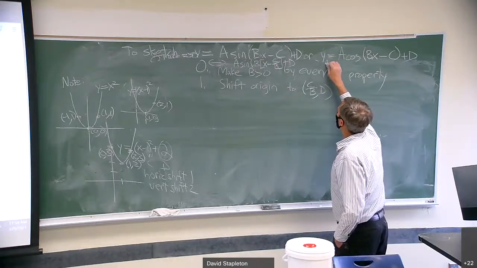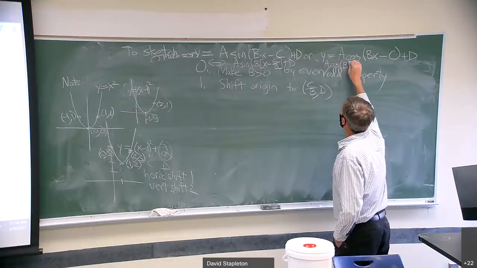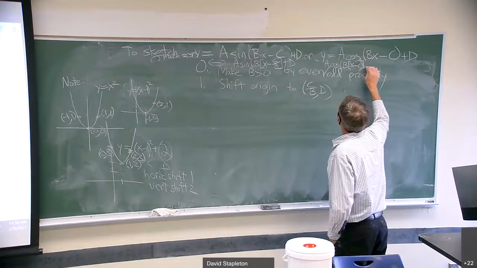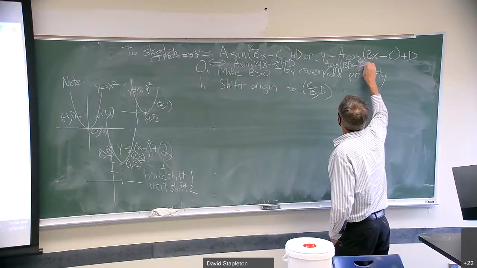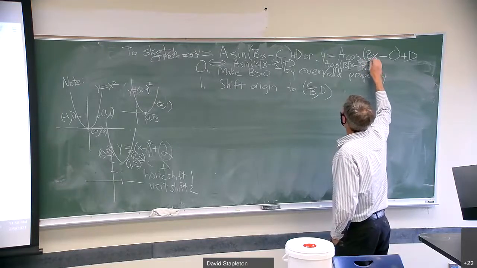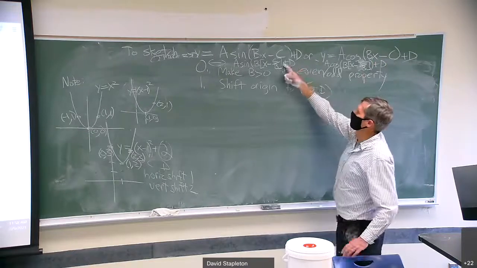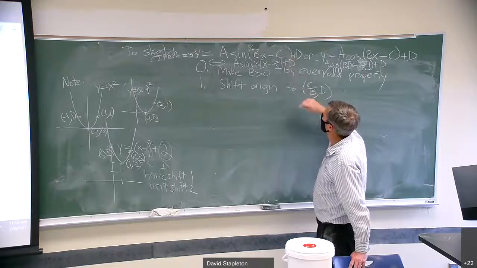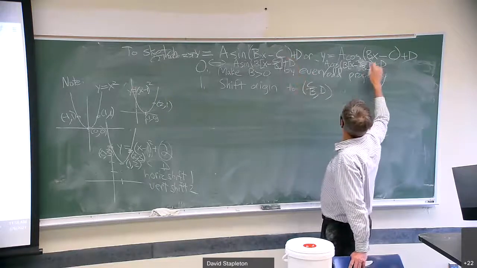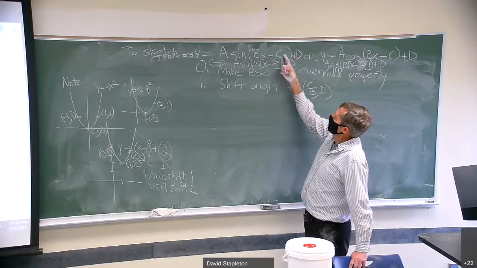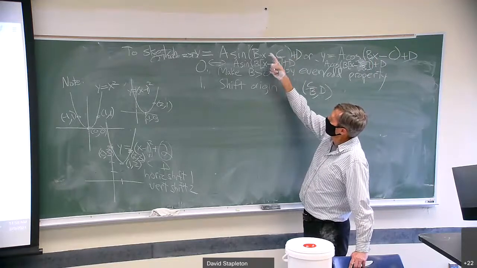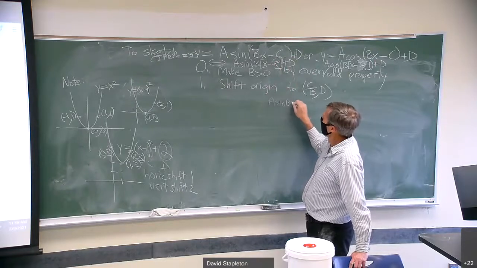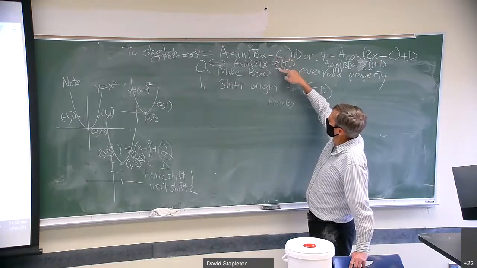Or A cosine of B times (x minus C over B) plus D. You don't have to rewrite this. I rewrite this to show you that if you rewrite it like this, what you can see is that we take the function y equals A sine Bx, replace x by x minus C over B and add a D on the end.